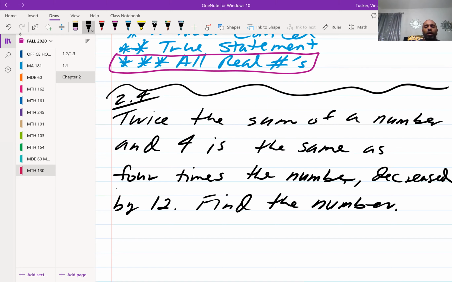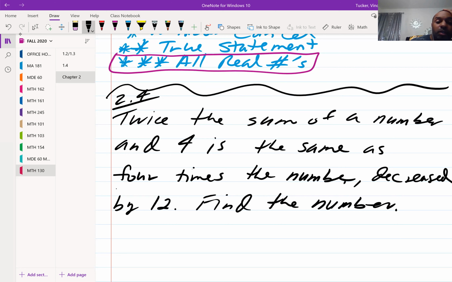All right, we have: twice the sum of a number and 4 is the same as 4 times the number decreased by 12. Find the number. So this one is just a word problem, but it's not really an application. They just give you some words to generate an equation.